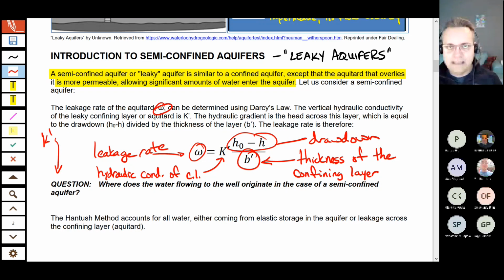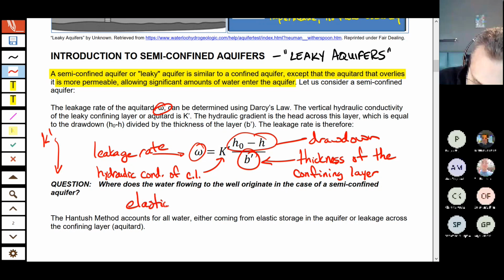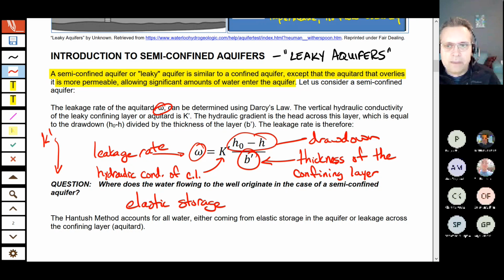It is still elastic storage. It's still that water that is going to come out of compressibility. That's still that first water. It's drawing into the aquifer through aquifer storage, through elastic decompression. That's still the same water that's going to originate from the semi-confined aquifer.